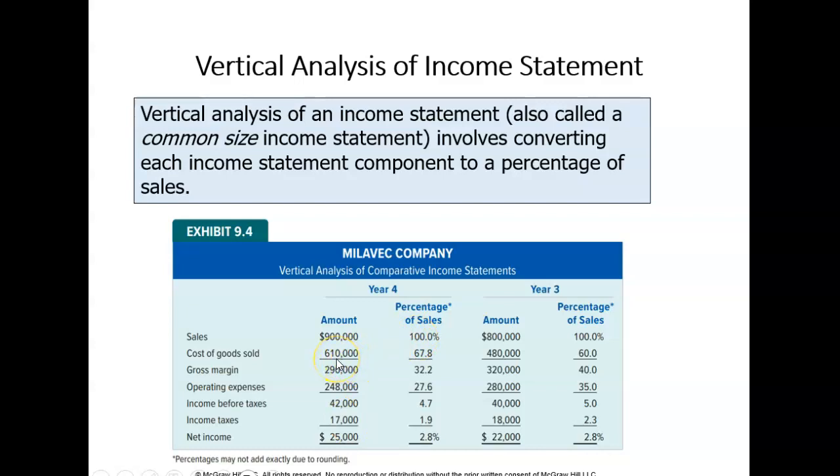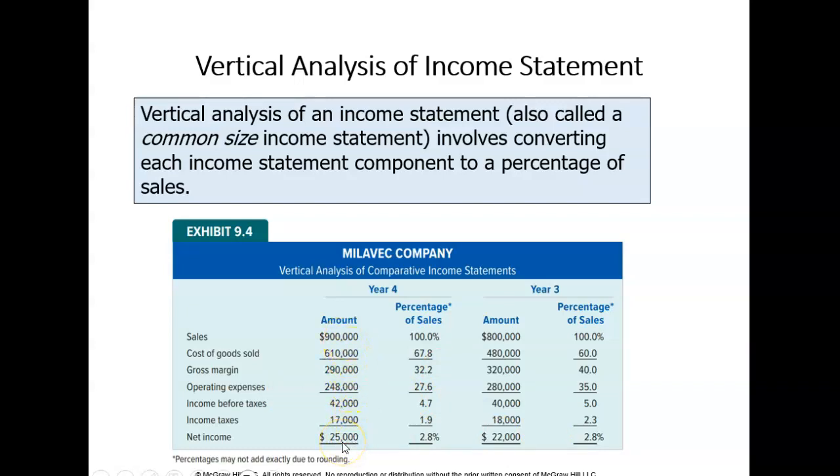Now, each other number for year four is shown as a percentage of your sales. So cost of goods sold, 610, represents 67.8% of our sales. So if you take 610,000 and divide that by the 900,000, that'll give you that 67.8%. So each of these numbers is shown as a percentage of your sales.